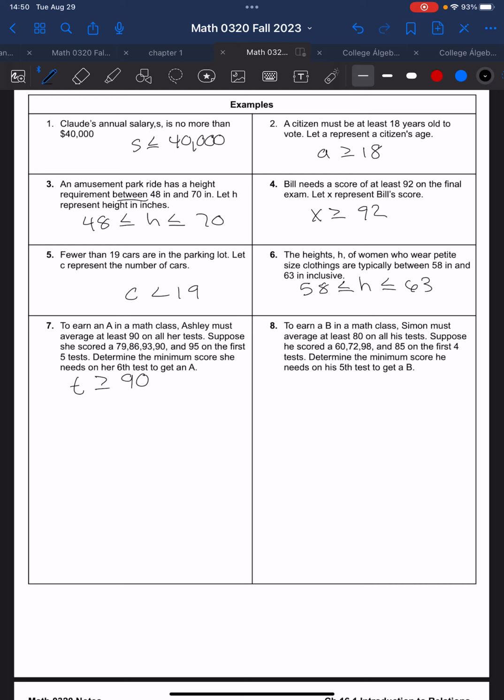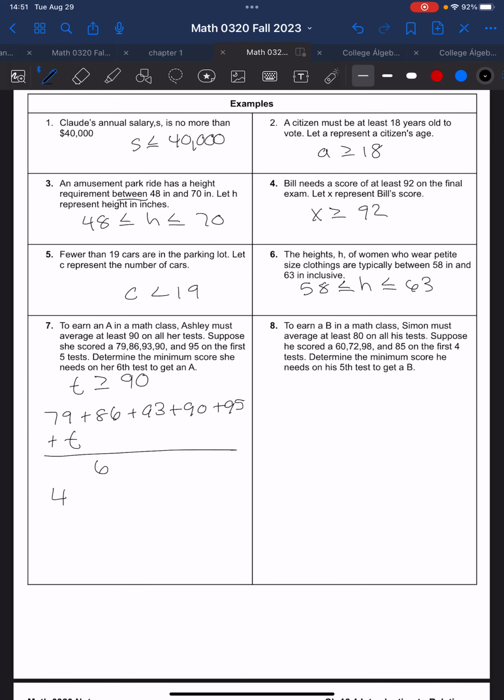So since we're finding the average, we're going to add these all together. So 79 plus 86 plus 93 plus 90 plus 95 plus that 6th test T, all divided by 6 to find that average is going to have to be greater than or equal to 90. So let's go ahead and add all those numbers together.